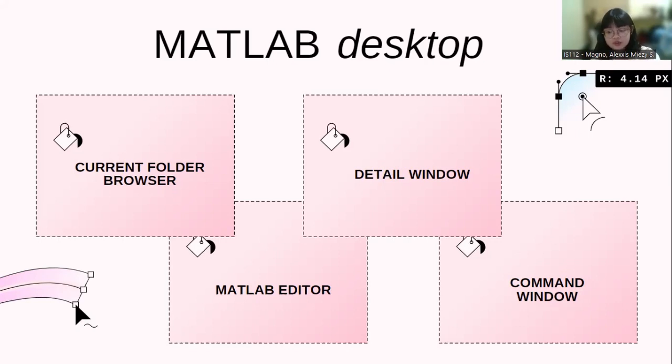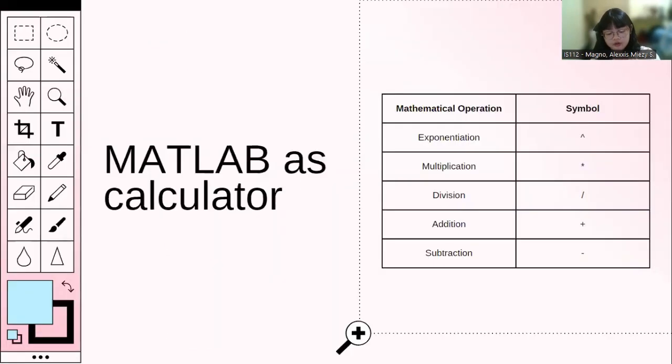MATLAB can also be used as a calculator to perform basic mathematical calculations. These are the symbols for each mathematical operation. Of course, there is the exponentiation, which is the symbol of a caret. Multiplication is the little star.